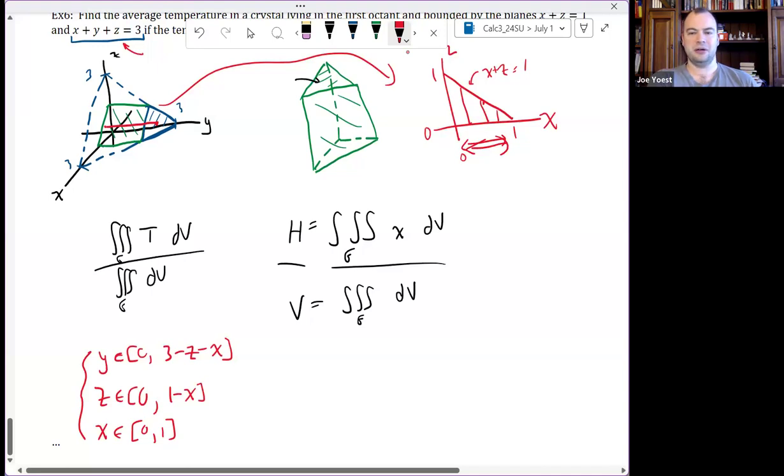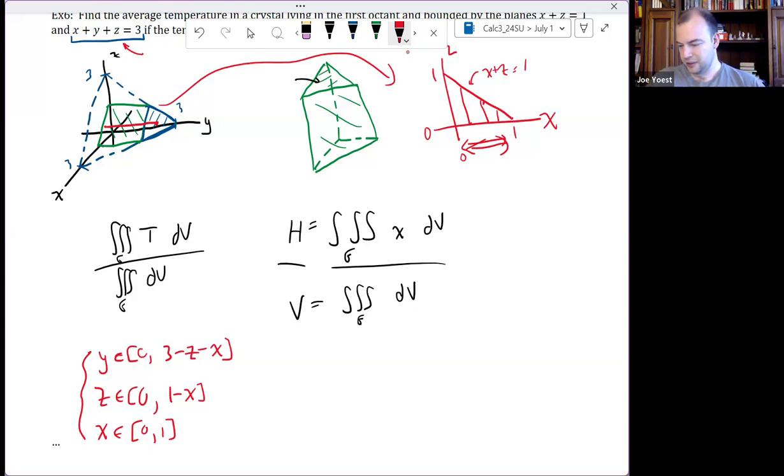And the integrals themselves are very straightforward to do. A bit of algebra and a bit of messing with fractions and getting everything right, but you end up with H, the integral of x, is 3/8. V ends up being 7/6, so that's the volume of this crystal. And 3/8 is the accumulated total temperature, or something like heat in the crystal.